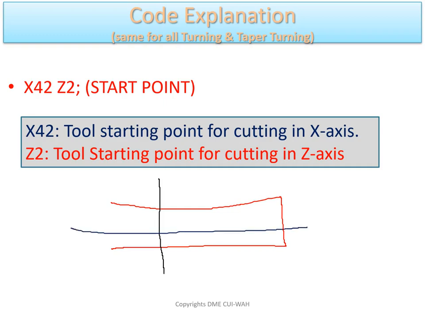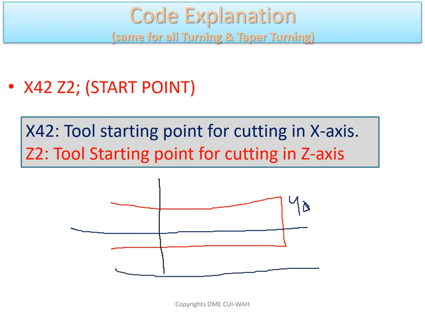So X42 and Z2, these are used to give the initial points to the tool. As you remember, our diameter was 40. So let me write, our diameter was 40 and the length of our workpiece was 100 mm.